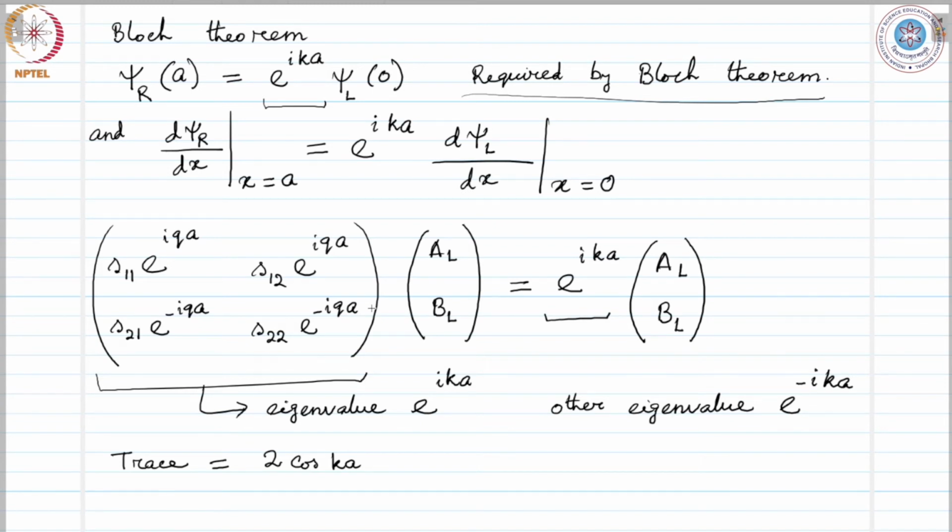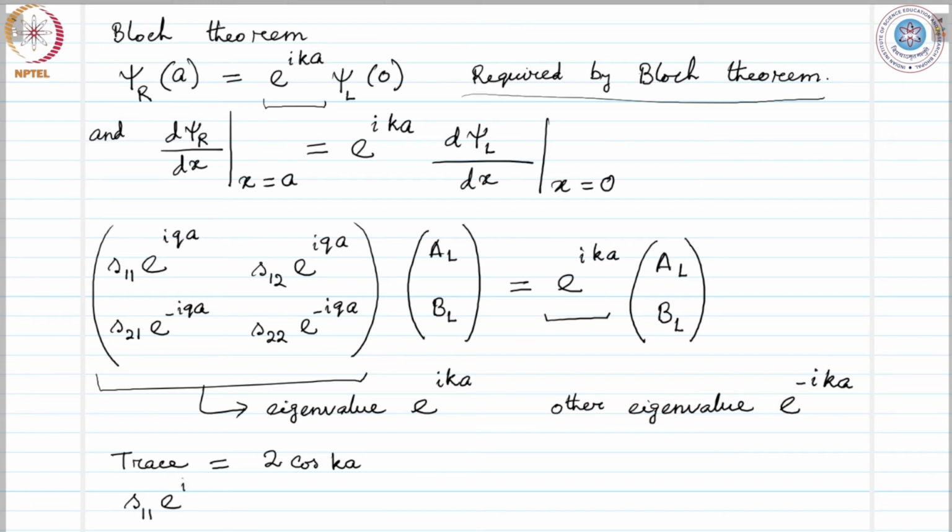So, the trace and the determinant remain invariant under a unitary similarity transformation, and the unitary similarity transformation will give us the diagonal elements e power i k and e power minus i k, the off diagonal elements 0. So, we can still write that the trace is twice cos k a, and we will have to satisfy a compatibility equation for everything to be consistent.